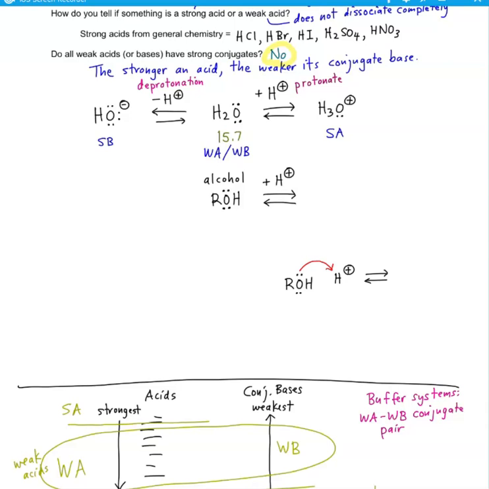And what is the result? Well, you used one of the lone pairs to form a bond to a hydrogen. The other one is still intact, so that gives the oxygen 3 single bonds, one to R, one to H, one to H, and the lone pair, which gives this a positive formal charge. So the conjugate acid of an alcohol is ROH2+.